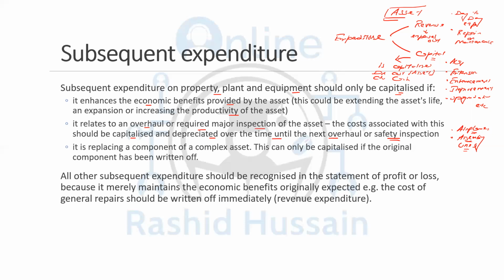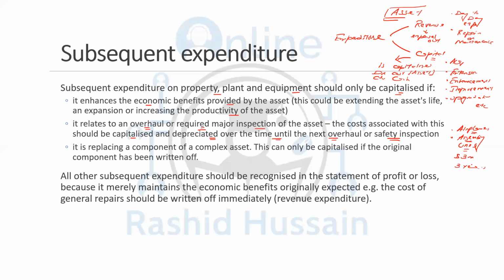So the standard says that if you are doing any expenditure on the overhaul, such as expense on the major inspection, the costs associated with that should be capitalized and depreciated over the time until the next overhaul or safety inspections. So for example, you are spending, let's assume 3 million, and it is for 3 years.